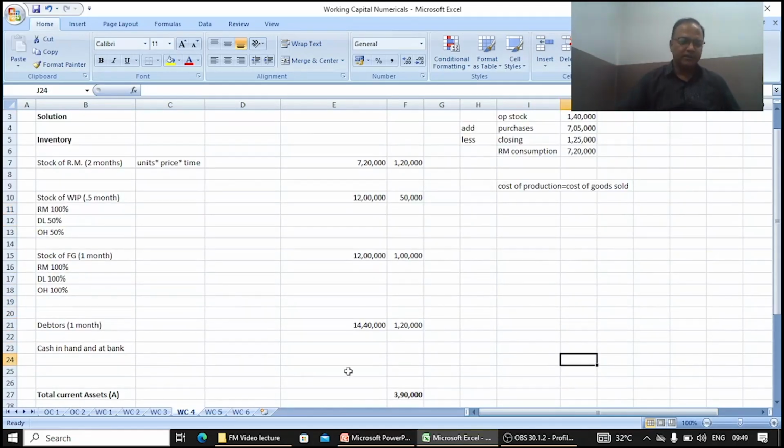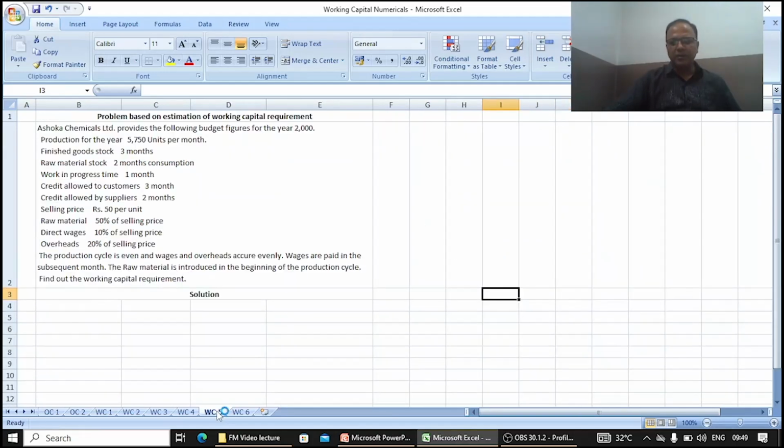Now let's come on another problem. It is related to Ashoka Chemical. Ashoka Chemical Limited provides the following budget figures for the year 2000. Production for the year 5750 units per month. Finished goods in stock 3 months. Raw material 2 months.